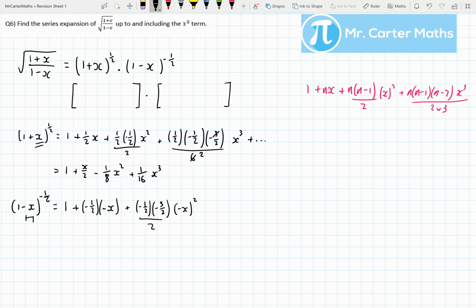nx squared. Okay, I'm just going to stop and talk about this term really quickly. This is the most common mistake I see on this, of these terms here, where people forget to apply their power to their coefficient. Okay, that x has a coefficient of minus 1. So when I'm squaring my x term, I need to recognize that that minus is going to get squared as well. It's in with this power.